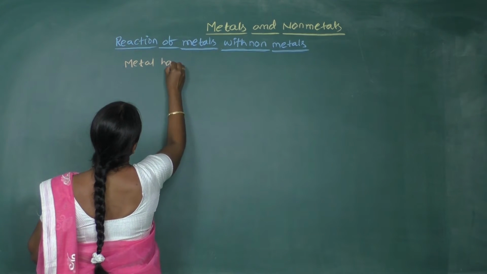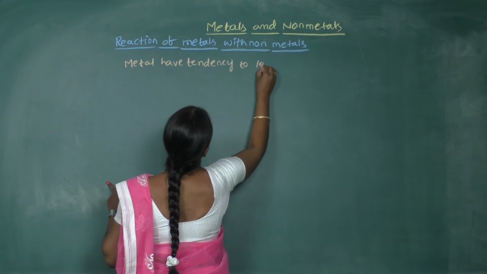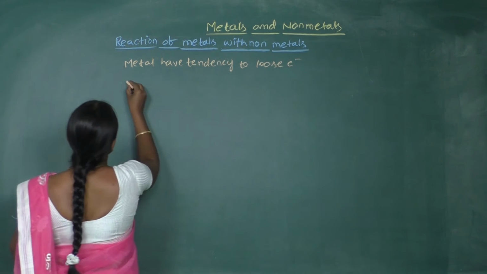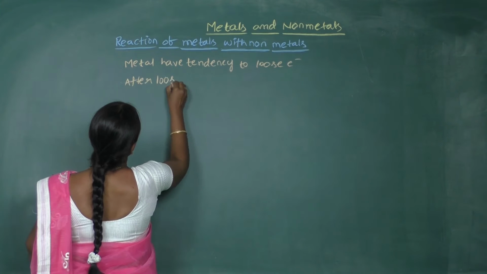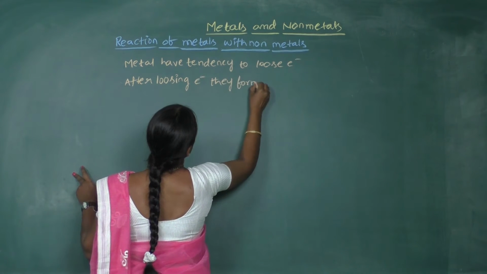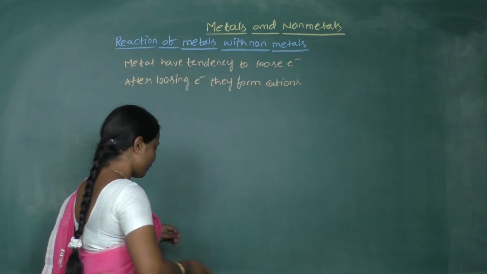Metals have a tendency to lose electrons, and after losing electrons, they form cations. Let's see how they are going to form cations.